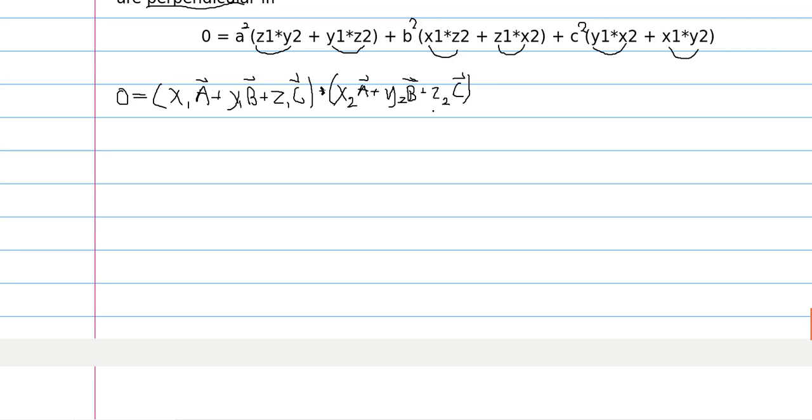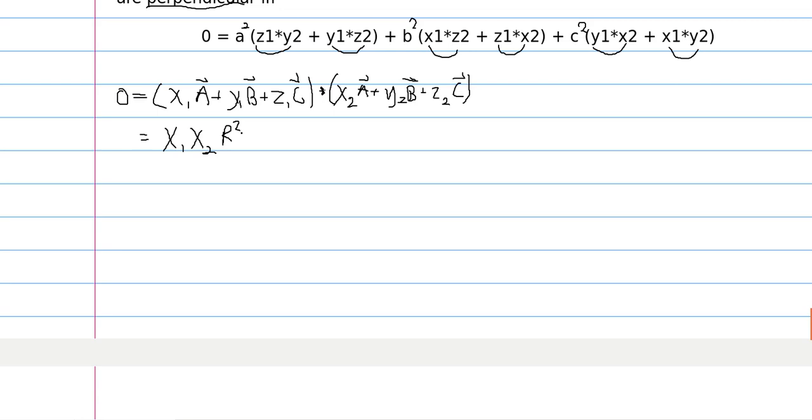So we can expand this, and it gets a little messy. So we get x1, x2 times a dot a, which is r squared.